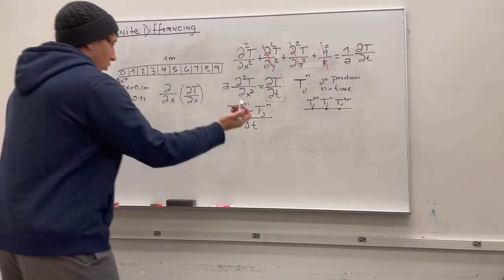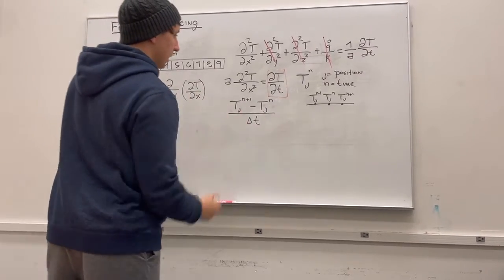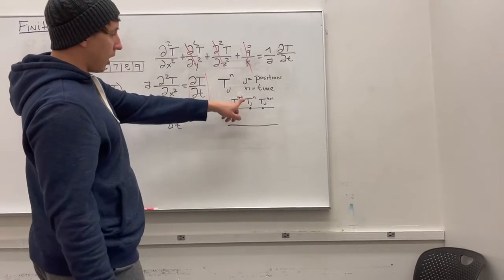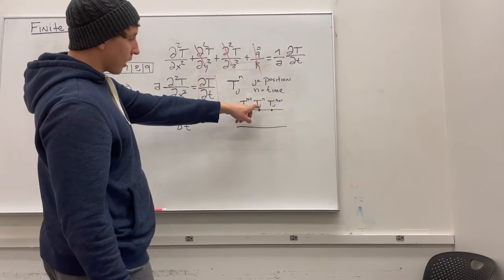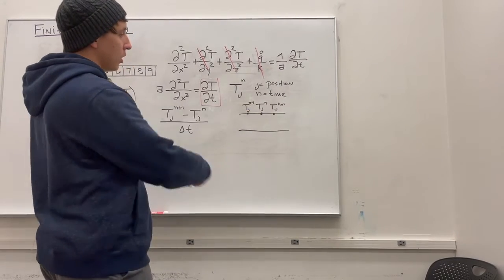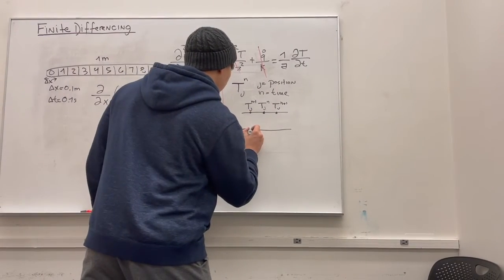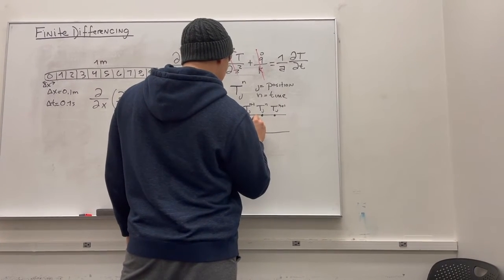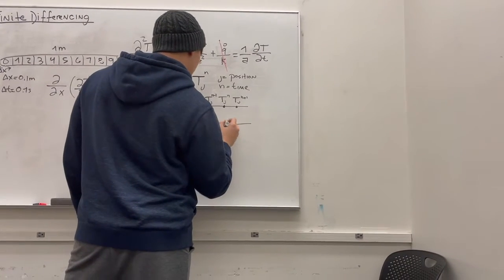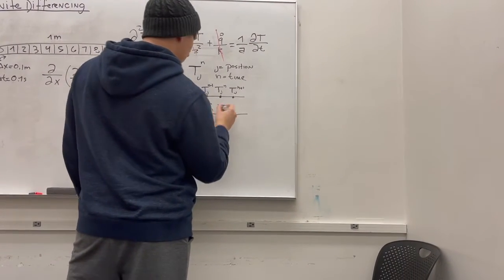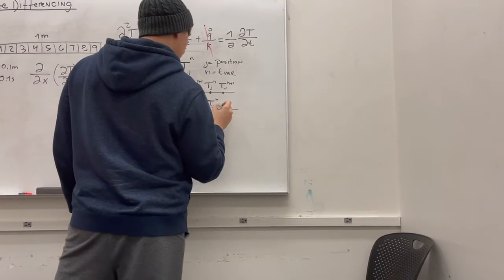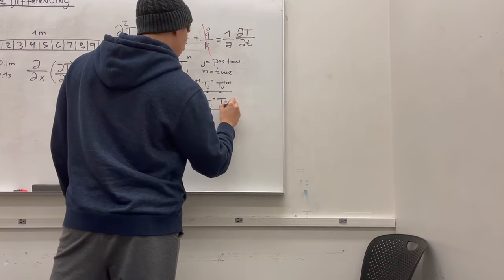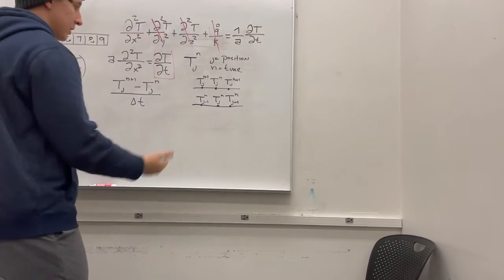So if we break this down in the same kind of respect, with the same number line here, instead of keeping our position constant while changing the time, we're going to do the opposite. We're going to have our temperature as the position changes, keeping the time constant. That's just the j, the initial one that we're looking at. And right here, the temperature at some position ahead, keeping the time the same.